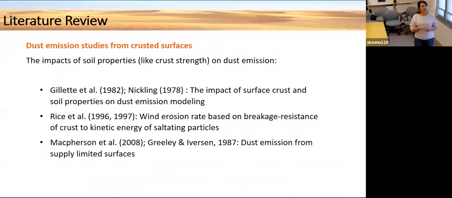So let's have a quick review of the studies that have been done on crust surfaces. Some of these studies are working on the impact of soil properties on dust emission. For example, Gillette and Nicklin had some studies on the impact of surface crust and soil properties on dust emission modeling.